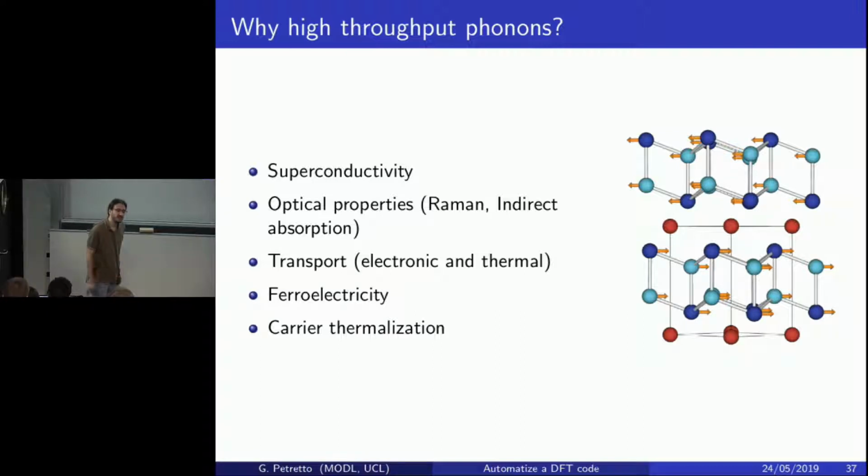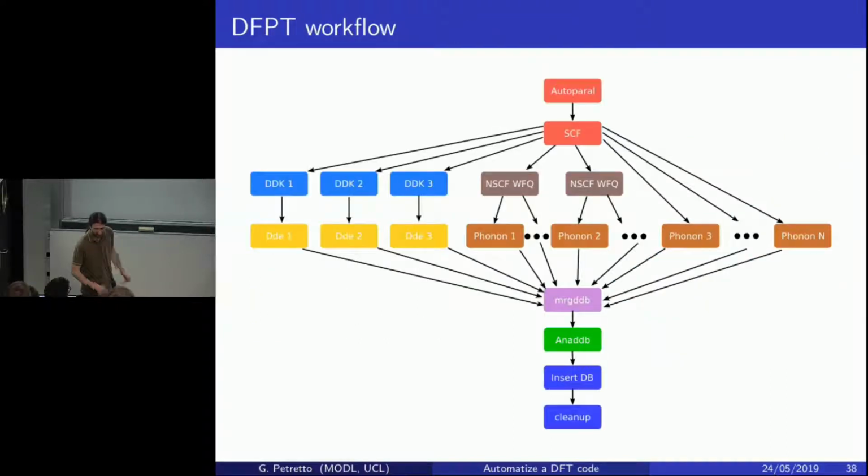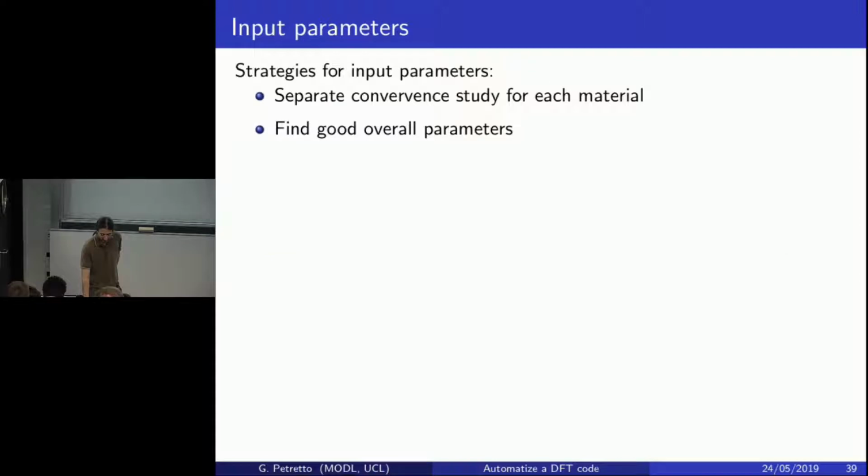As I've said, the aim was to run high throughput phonon calculations. Well, I will not enter into the details of why it's interesting to have phonons. There are all sorts of properties that you can extract from those, so it's good to have them. But running this workflow in a high throughput manner was supposedly difficult to begin with, so we made all these developments.